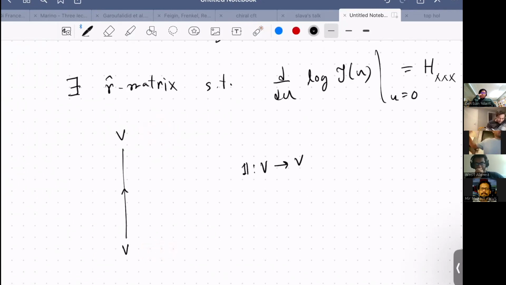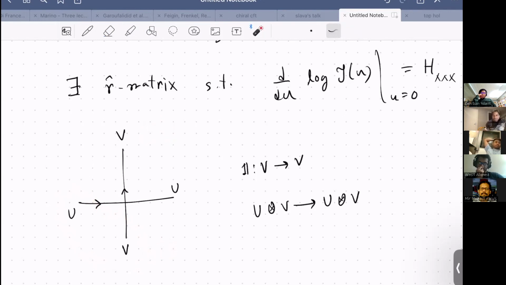Now, introduce another line, assign the vector space U. Think of this diagram as a map that takes a state in the tensor product of U and V and gives you a state in the tensor product of U and V. You can think of this as time evolution, but you don't have to.